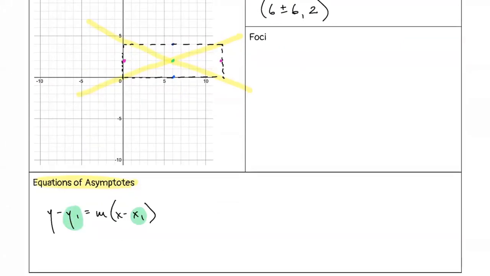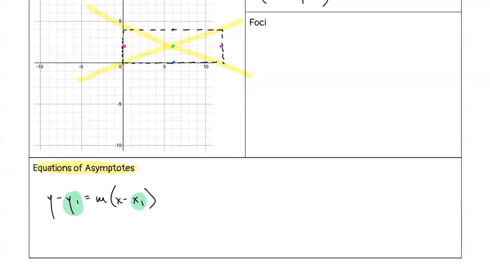The slope, I will just count from my picture, okay? So I'm going to go ahead and write in my y coordinate is 2, my x coordinate is 6. So I've got my x1 and y1.